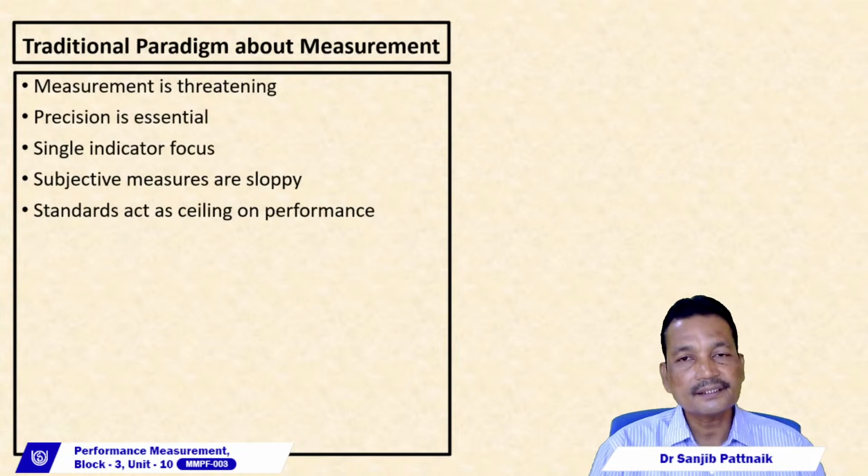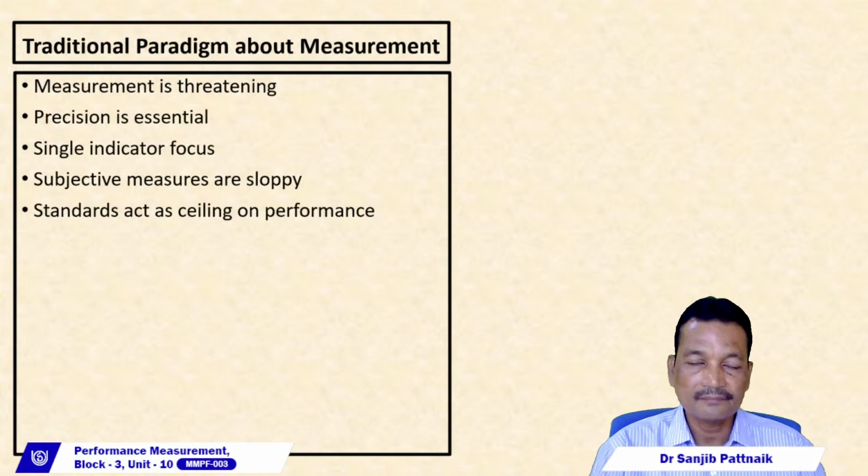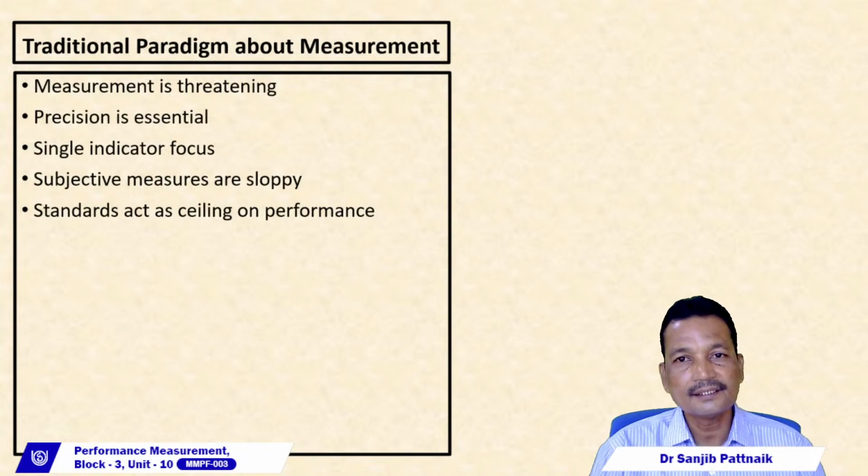Now, those indicators will be having a certain set standard which has to be achieved. Thereby, what happens? A particular segment or division or employee of the organization, if they reach the set standard, then they think that yes, I have achieved my task.